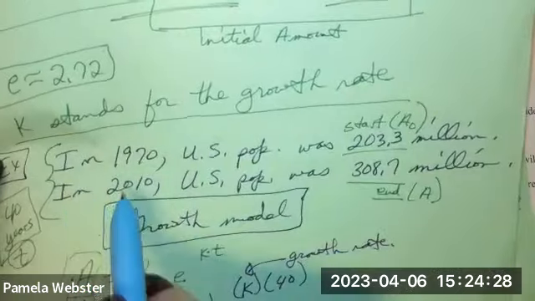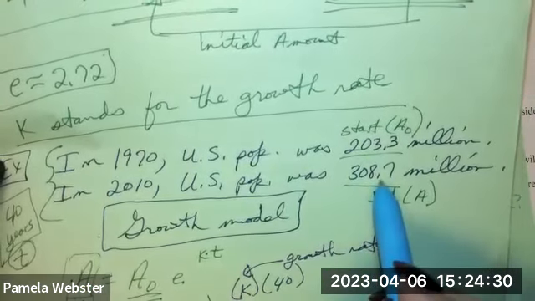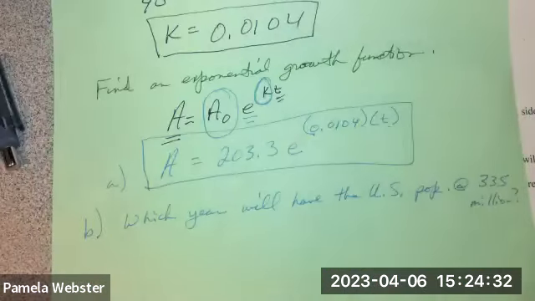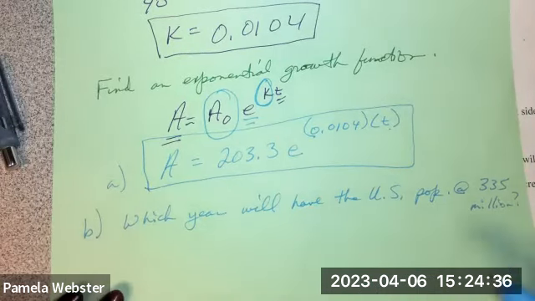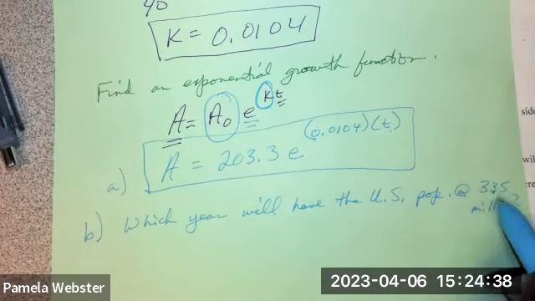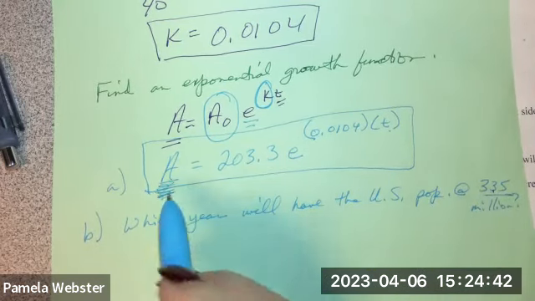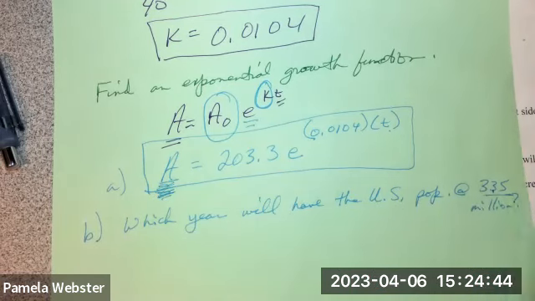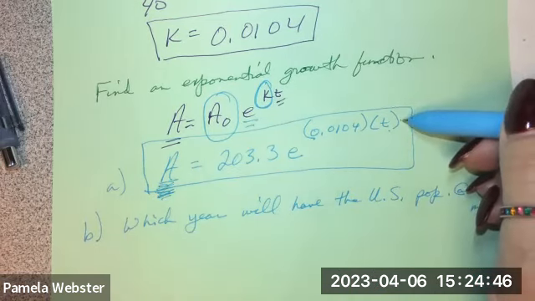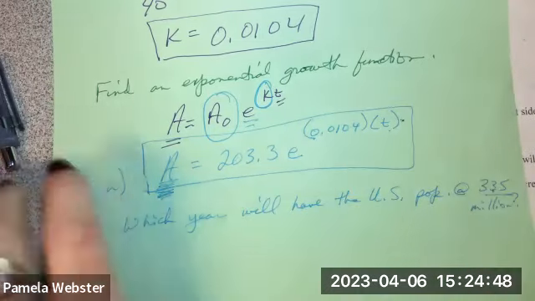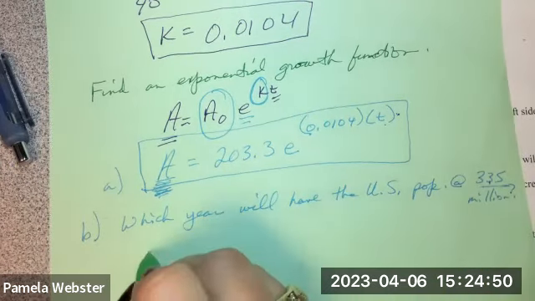Remember, this was 2010, the population was 308.7. They want to know in which year the population will be 335 million. Well, that's the case where I'm trying to plug into the A, because the A is the amount of the population. And I want to know which year, that's the t, right? Okay, so let's do that one.